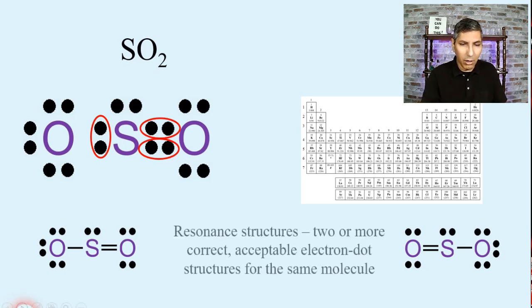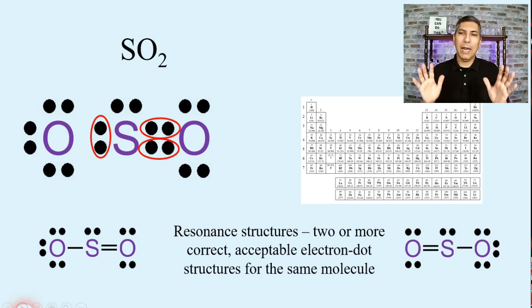This is something that we call resonance structures. And this is where you have 2 or more Lewis electron-dot diagrams that are correct, they're acceptable, and they're fine for the same molecule. And notice that these are not exactly the same molecule. It's not like you can superimpose one on the other. They're kind of like your left hand and your right hand. They're not the exact same thing, are they?